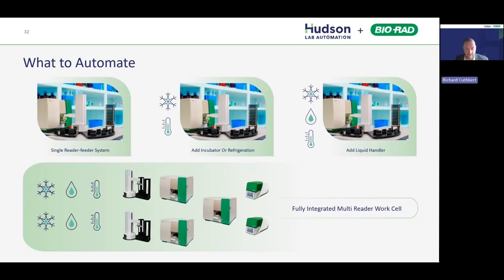The bottleneck has shifted to that sample prep stage. So considering a liquid handler upstream of your reader will help you improve your throughput, but it will also improve your assay reproducibility. And obviously help you to cope with those extra 6,000 samples your reader is now capable of handling.